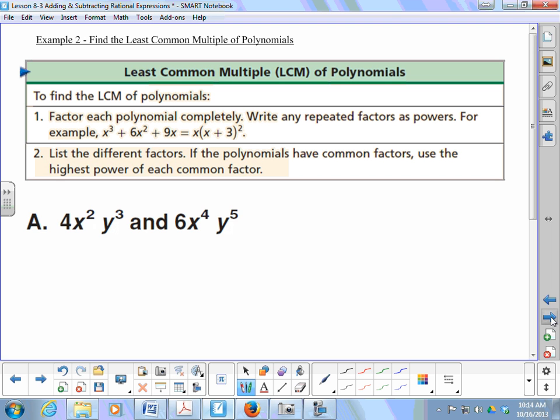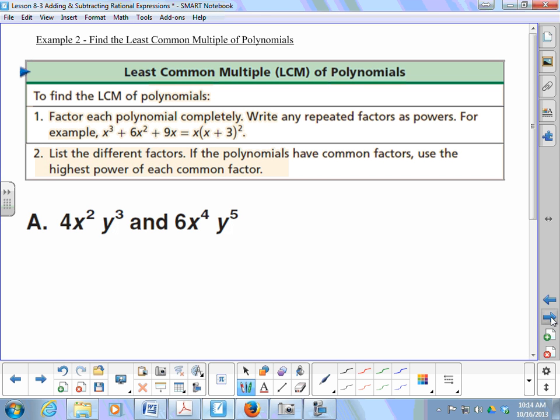All right. Now, before we start looking at those with common denominators, we need to find what's called the least common multiple. The least common multiple is basically what's going to be a common denominator for you. So we want to go through the basics of a least common multiple first. To find the least common multiple, here are our steps. Number 1 says factor each polynomial completely and write any repeated factors as powers.